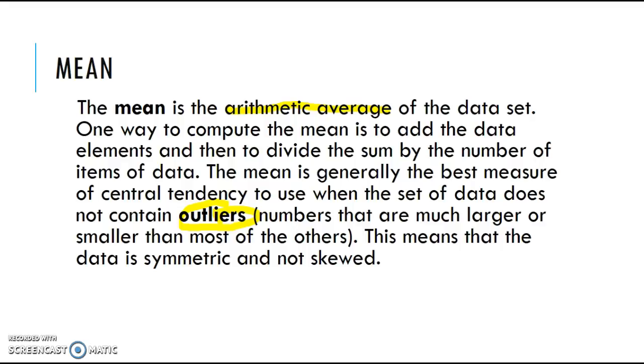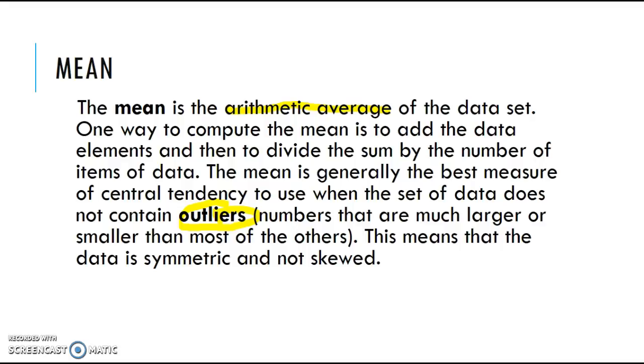So mean is also known as the arithmetic average. We use the word mean rather than just the word average because there are other types of average. For example, the geometric average or the geometric mean. So anyway, one way to compute mean is adding and dividing by the number of elements that we have.